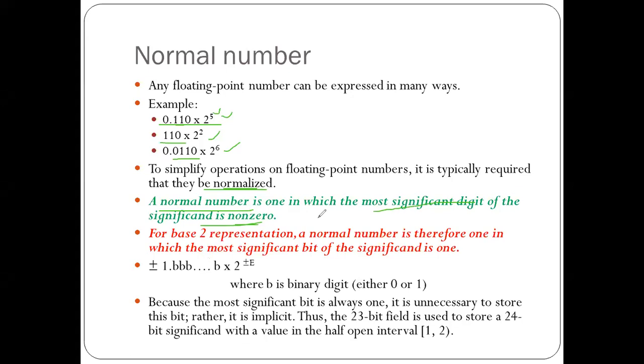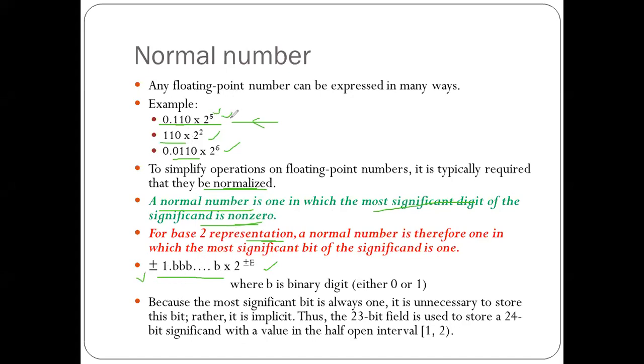We have to perform normalization in such a way that we consider the most significant digit of the significand as non-zero. So we are adjusting for base 2 representation. A normal number is therefore 1 dot all your bits. You need to adjust any number in this manner. Then this is what we call normalization.